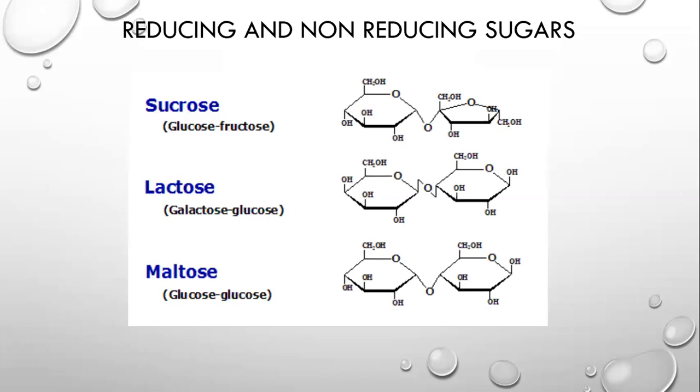I'll explain each word. A reducing sugar is a molecule where the OH group should be free in your anomeric carbon.